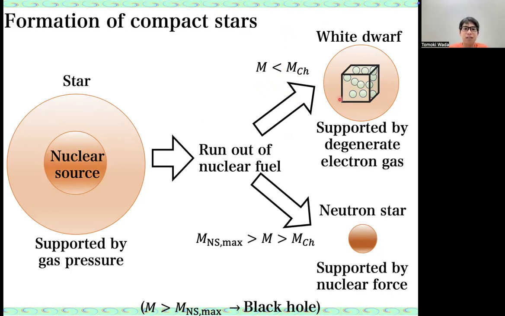In this case, the final star is called a white dwarf. But if mass is larger than this MCH, this pressure cannot support the gas sphere. It continues contracting and makes neutrons. This is the neutron star. And this neutron star is supported by nuclear force, not by degeneracy pressure.